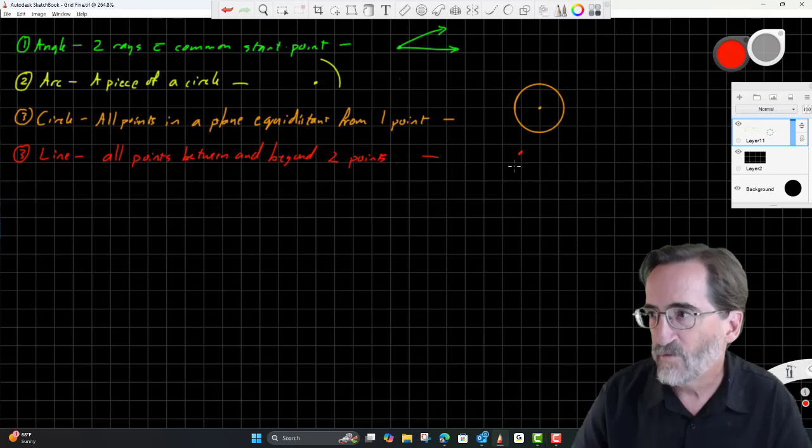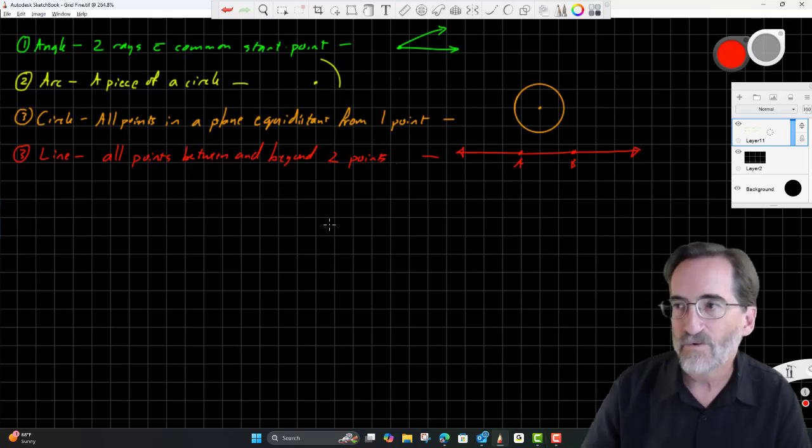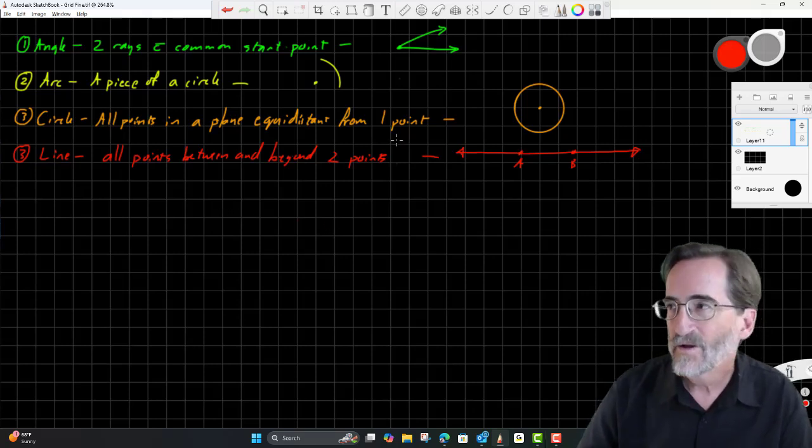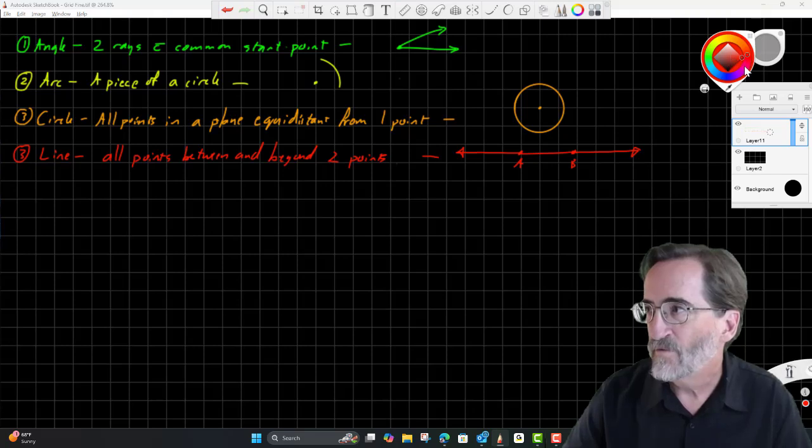So if I define 2 points, A and B, it's all the points between them and all the points beyond them. Beyond B, beyond A, going in the same direction.